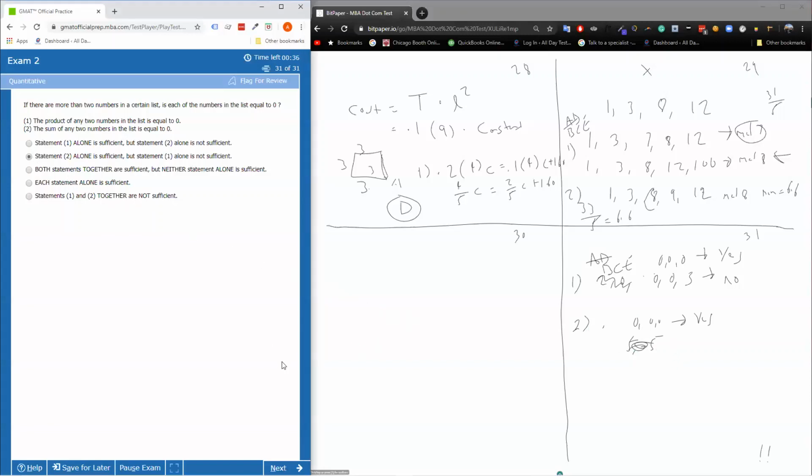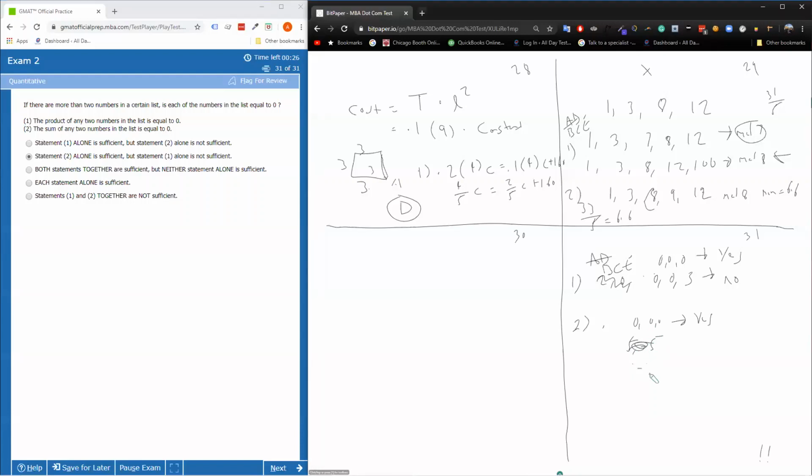So I think that is sufficient. I could look at this a little bit more. Like negative 1, 1, 0. No, so B.